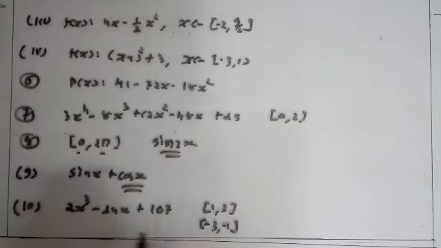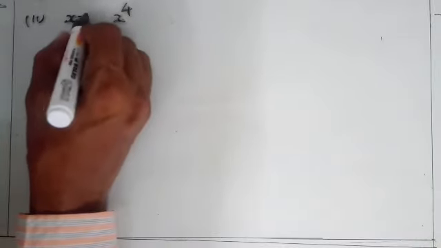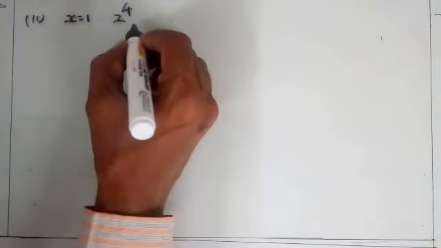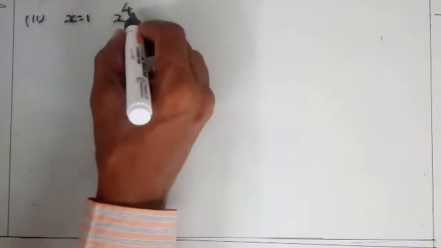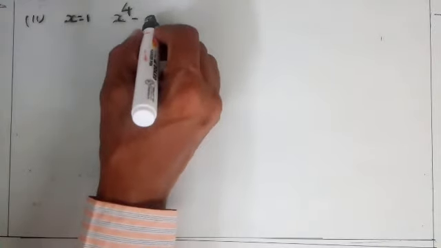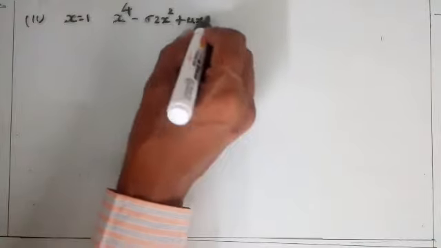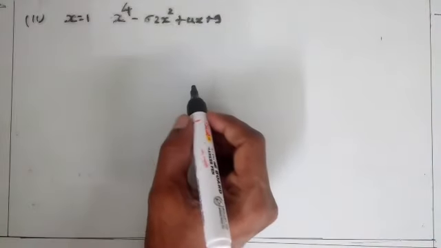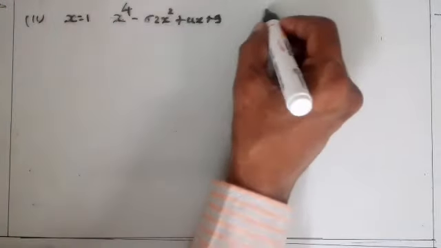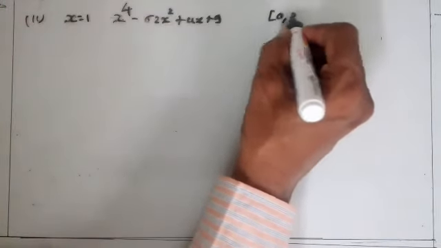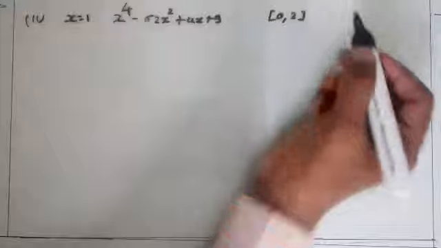Now question number 11. It is given that at x is equal to 1, the function x raised to 4 minus 62 x raised to 2 plus ax plus 9 attains its maximum value on the interval 0 to 2. Find the value of a.